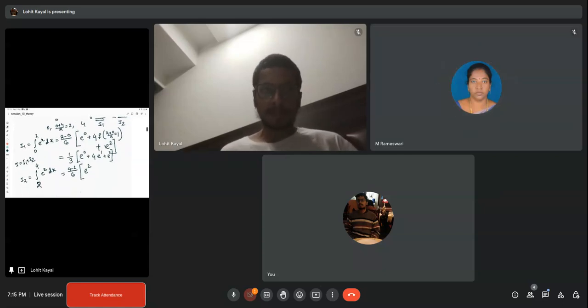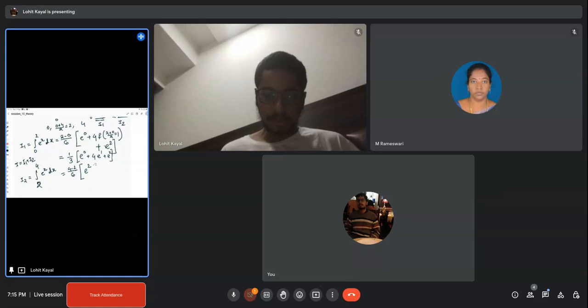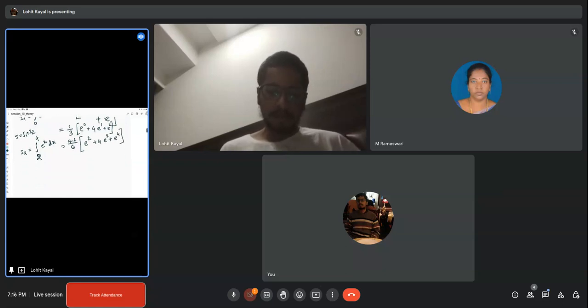So here it will be e squared plus 4 times e cubed plus e to the power 4. Then it will be 1 over 3 times e squared plus 4 e cubed plus e to the power 4.